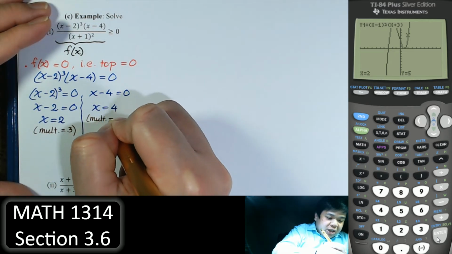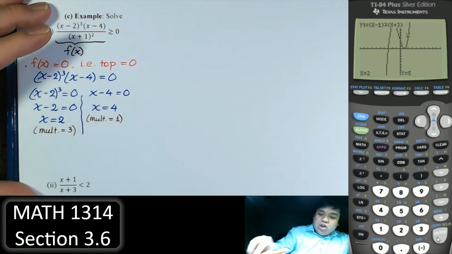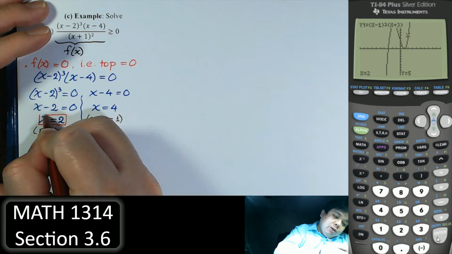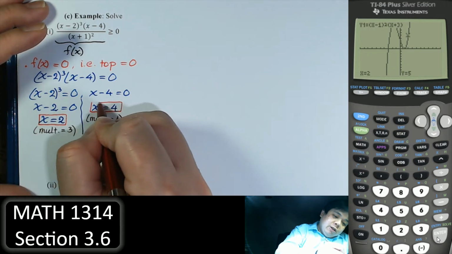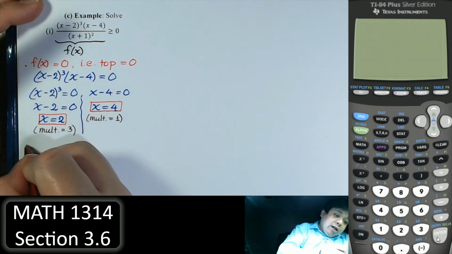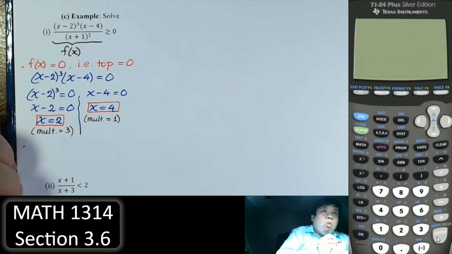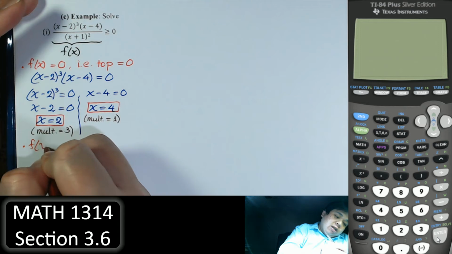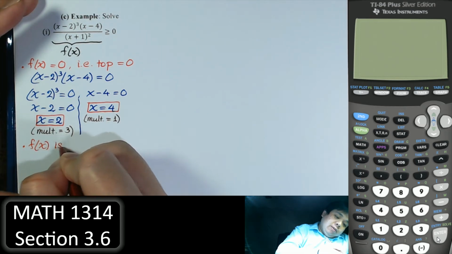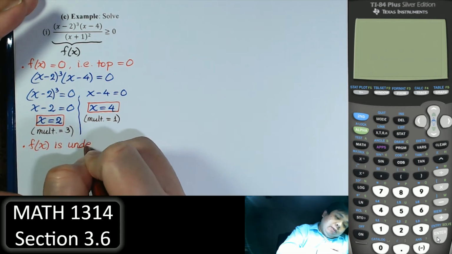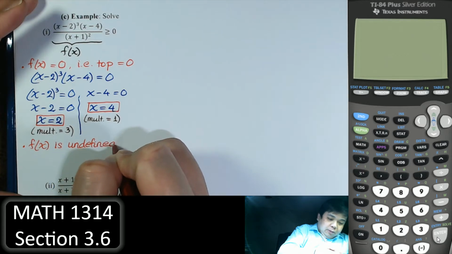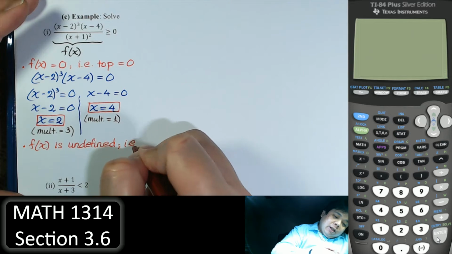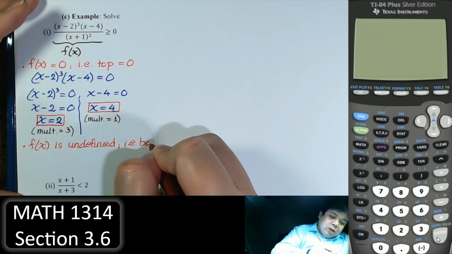Except we don't really need the multiplicity, it's just a way to check it. So we have x equal to 2, x equal to 4, right? That is where the top equals 0, which makes the function equal to 0. Now, where the function is undefined, that means where the bottom equals 0.